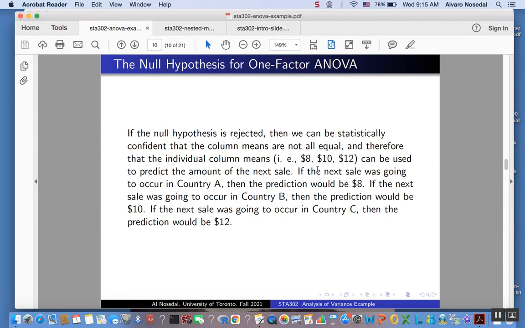So that's the practical implication of rejecting the null hypothesis. And if we fail to reject the null hypothesis, then we're going to be using just the plain average of those 12 observations.